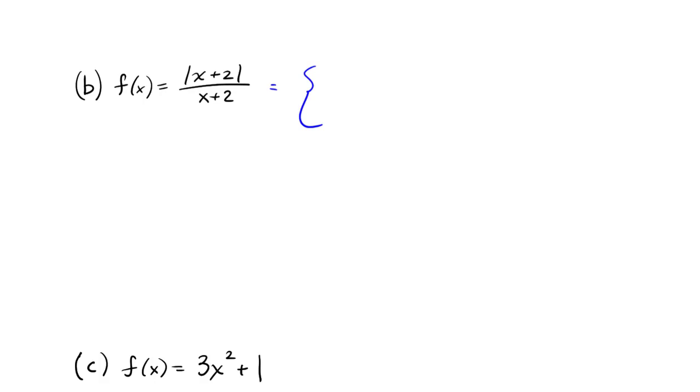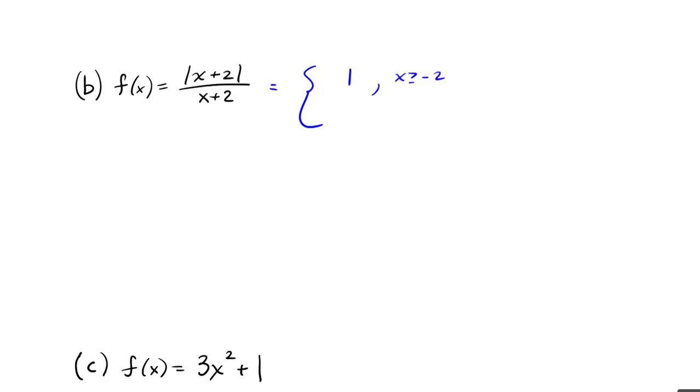This is all going to have to do with where we are in x related to -2, because -2 is where this absolute value has that notch, and therefore it's a big difference between what's less than -2 and what's greater than -2. So if x is greater than or equal to -2, then the absolute value doesn't have any effect, and I just get x plus 2 over x plus 2, so the function gives me 1.